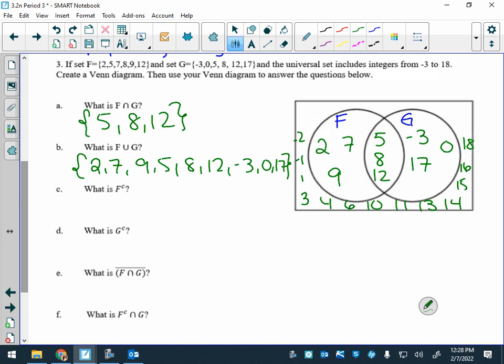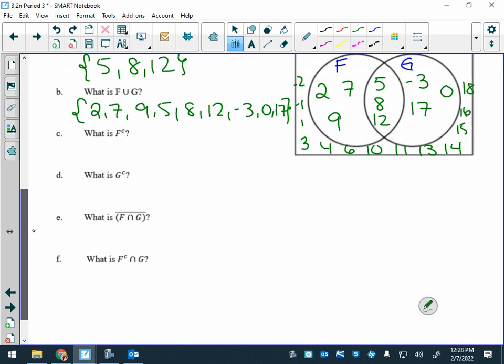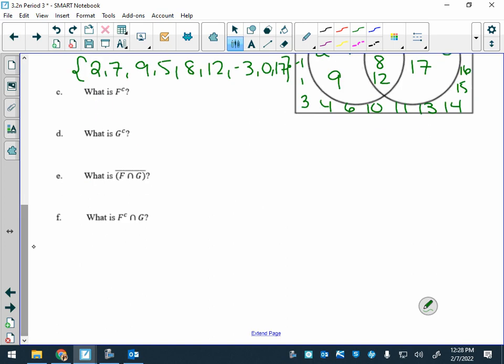Good. Excellent. Then for E, what is not in F and G? So you're excluding the intersection. Mustafa? Perfect. Okay.